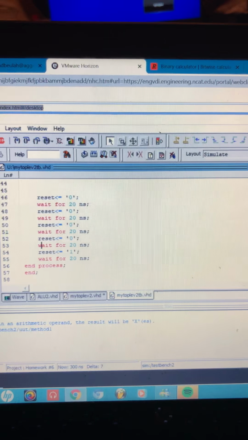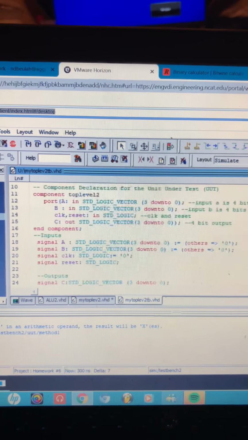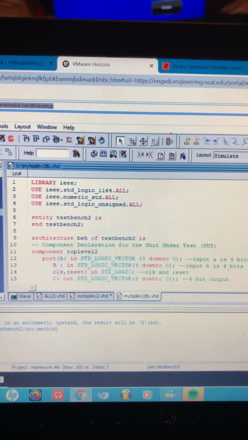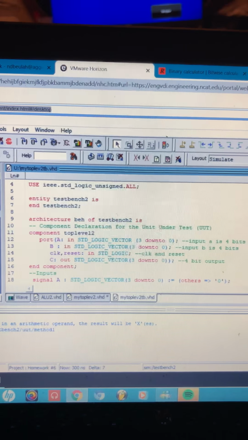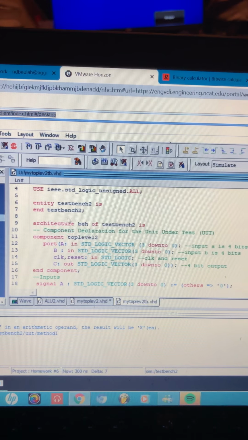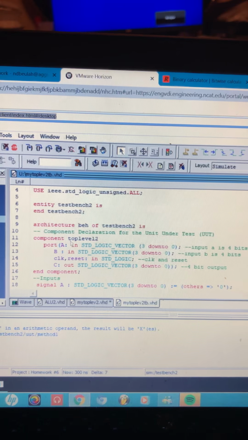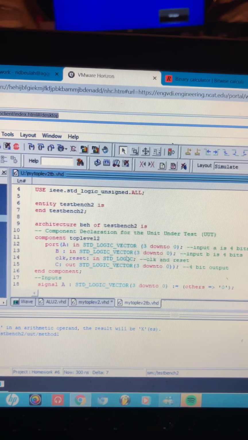So here I have my test bench. Named it test bench 2. And then I'm going to take my top level and instantiate it as a component.